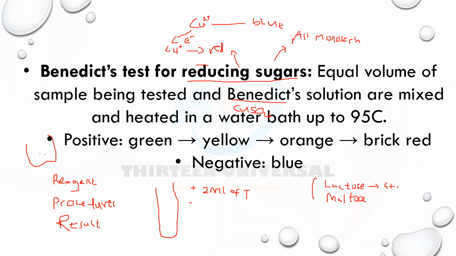And then to it, you add 2 ml or more volume of Benedict solution. I'll call it Benedict B. So you add all of that inside this test tube.